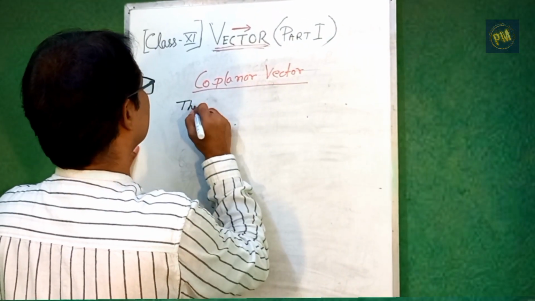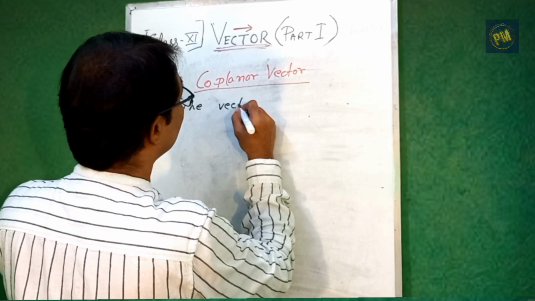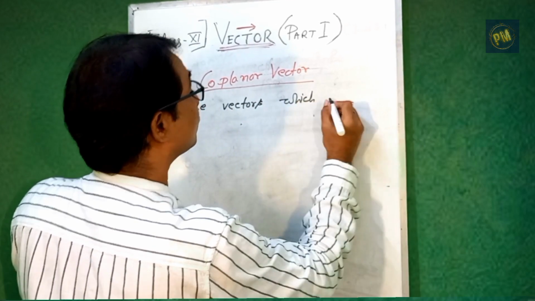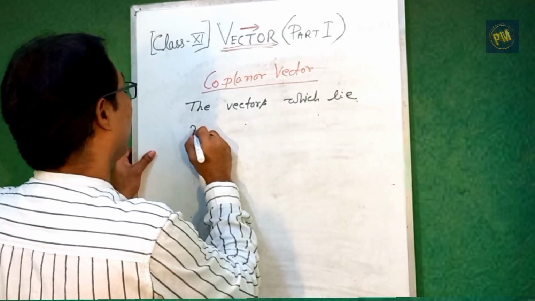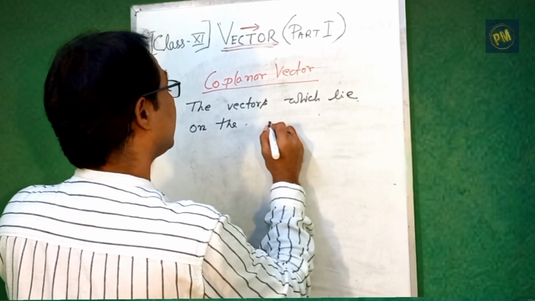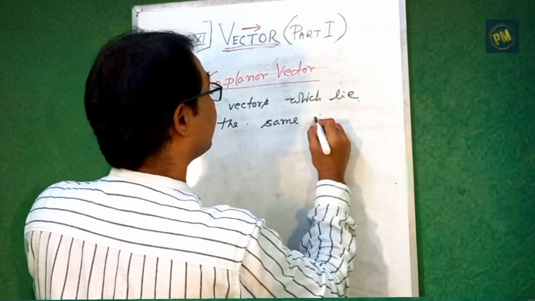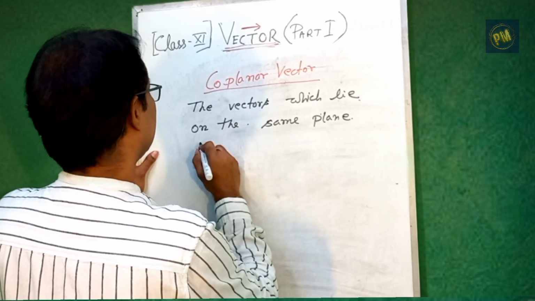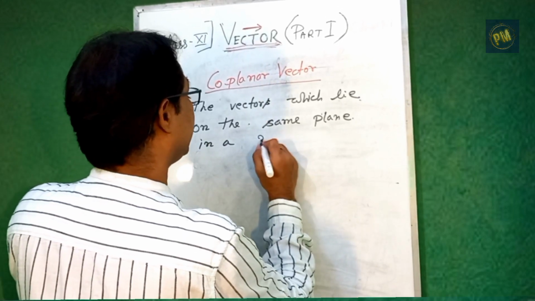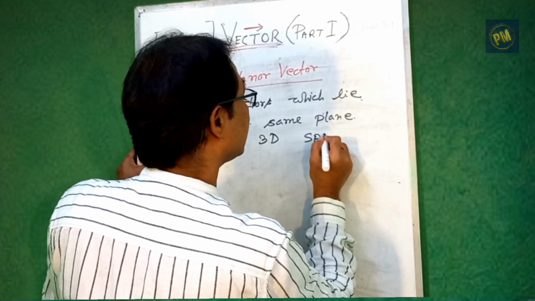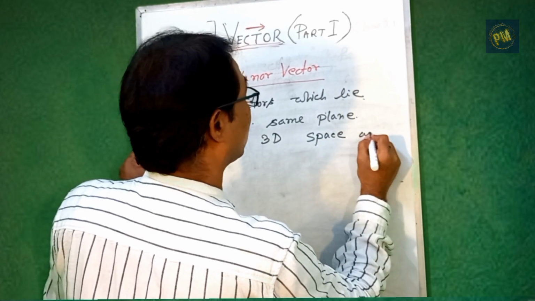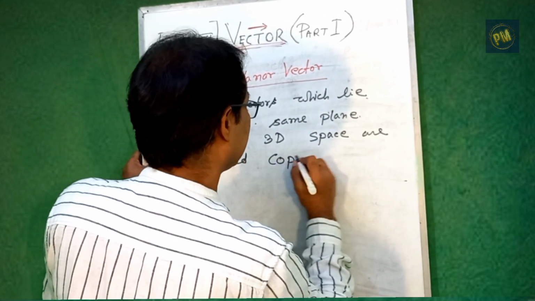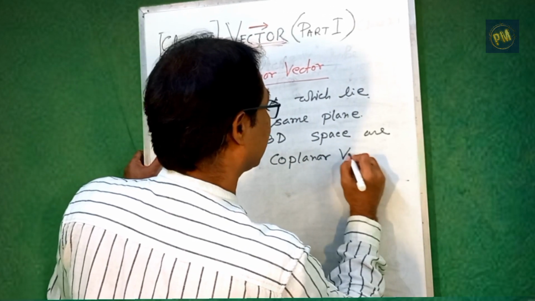The vectors which lie on the same plane in a 3D space are called coplanar vectors.